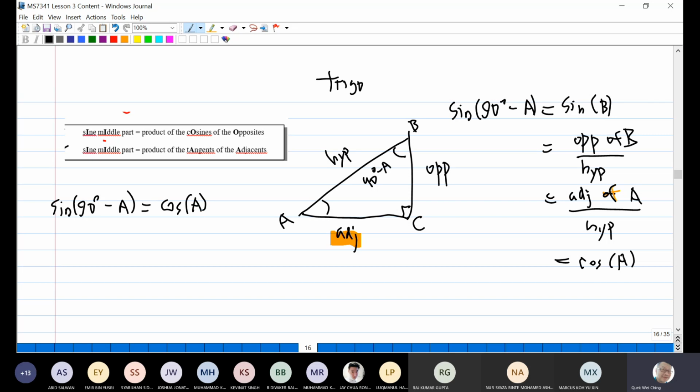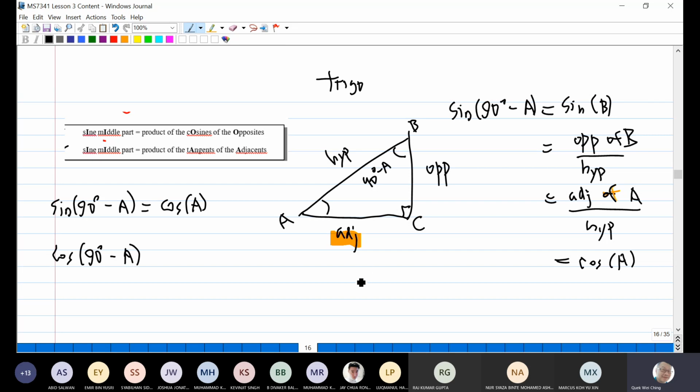Next time you see sine of 90 minus A, it saves you a lot, a shortcut. Sine of 90 minus A is the same as cosine of A. How about cosine of 90 minus A? Can we do the same thing?